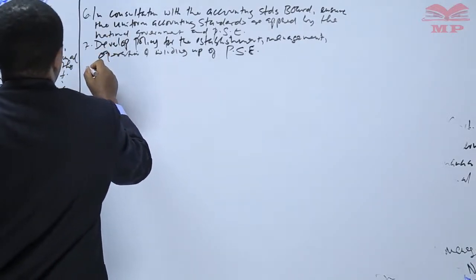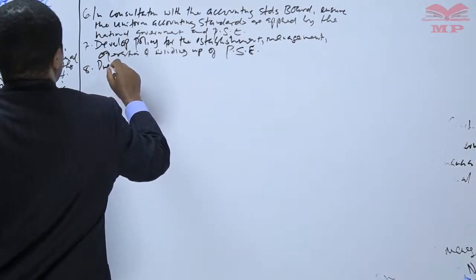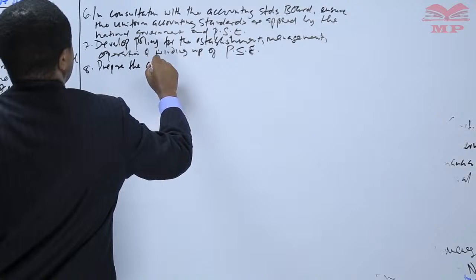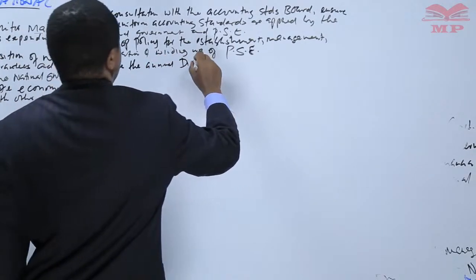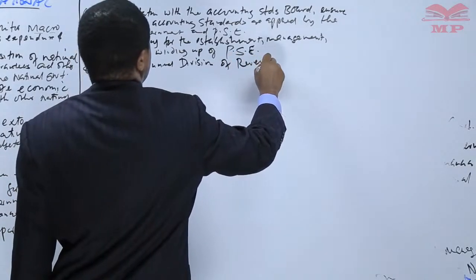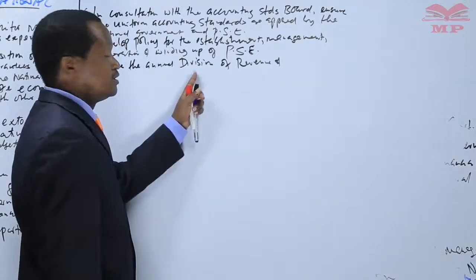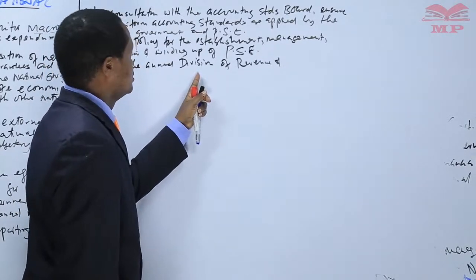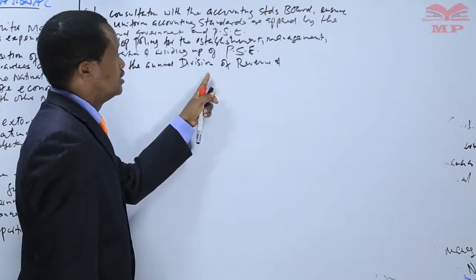No gain. Number 8 is to prepare the annual division of revenue bill and the county allocation of revenue bill. If you have television and you watch business news, candidates, you will hear these terms on television.